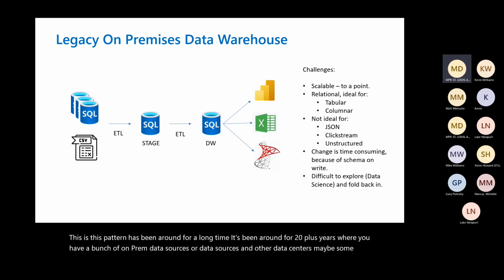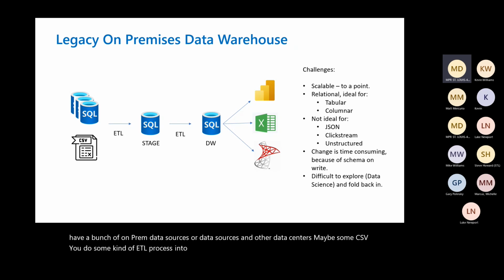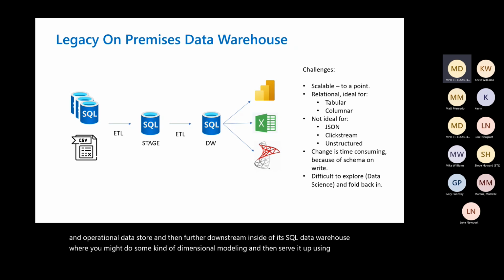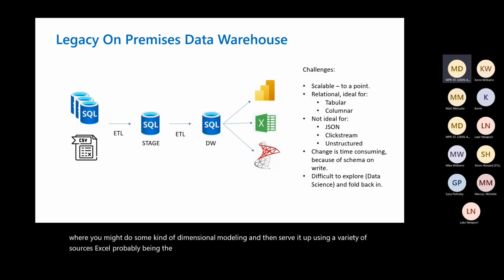You do some kind of ETL process into a staging database. This might also be stored in an ODS, an operational data store, and then further downstream inside of a SQL data warehouse, where you might do some kind of dimensional modeling, and then serve it up using a variety of sources. Excel probably being the most popular business intelligence tool out there for years.